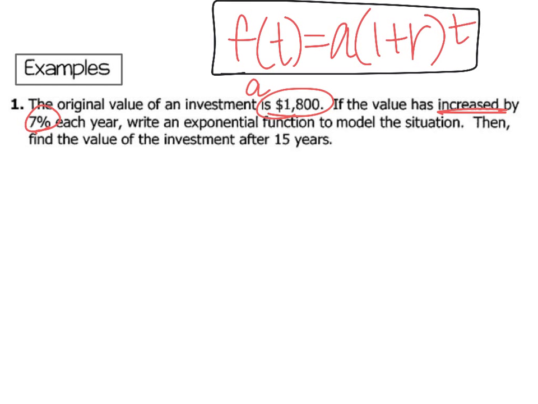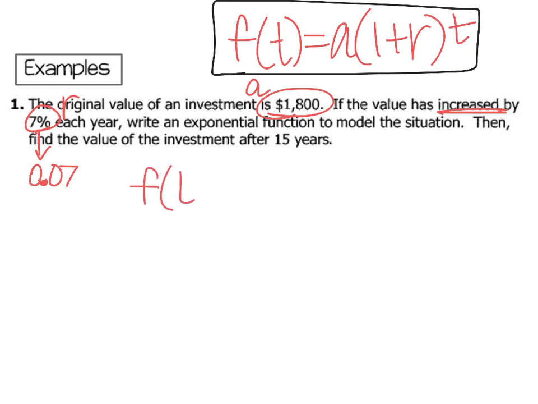And anytime we see the word rate, we know it's going to be a percent, but we want to rewrite it as a decimal because we want to use decimals in our equation. So we would rewrite 7% as 0.07. We want to write an exponential function that models this situation. So we take our r and our a and plug it into our function.